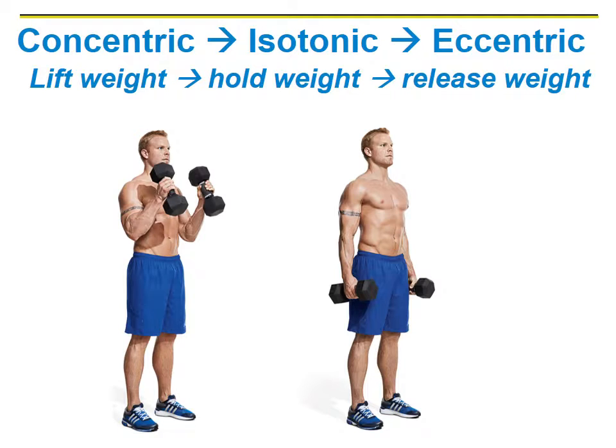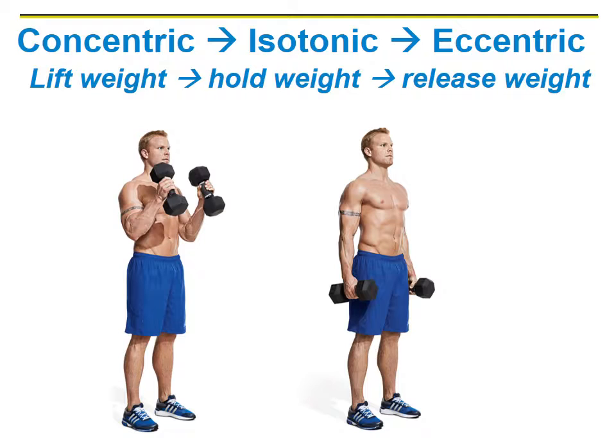Here we can see a real-life example of the 3. When we lift these weights, we are doing so by shortening the muscle and generating the force needed to move that load. So lifting the weight is concentric isotonic contraction. If you hold the weight up for a few moments, you are still generating tension.